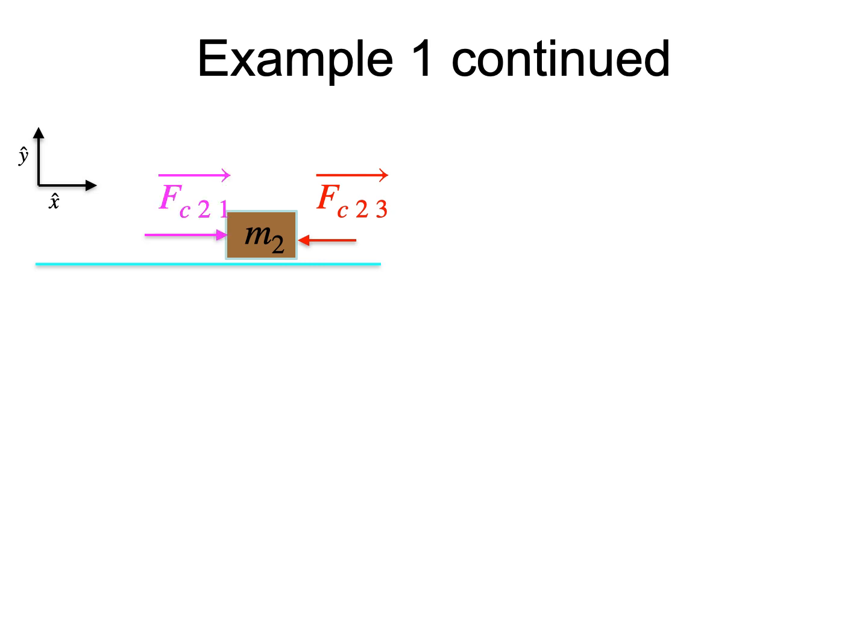I didn't want to label these forces as normal forces, even though they are normal forces, because we had already used that notation for the contact forces with the ground. Here, Fc23 means the contact force on mass 2 by mass 3.